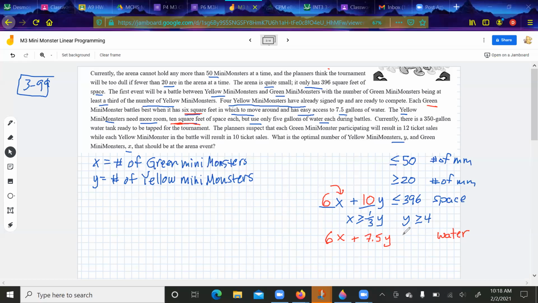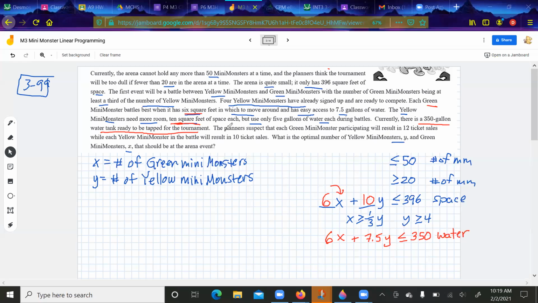It has to be less than or equal to how much water is in the arena. It says currently there is a 350 gallon water tank ready to be tapped for the tournament. So we have less than or equal to 350 gallons of water. Okay, so far these are our equations.